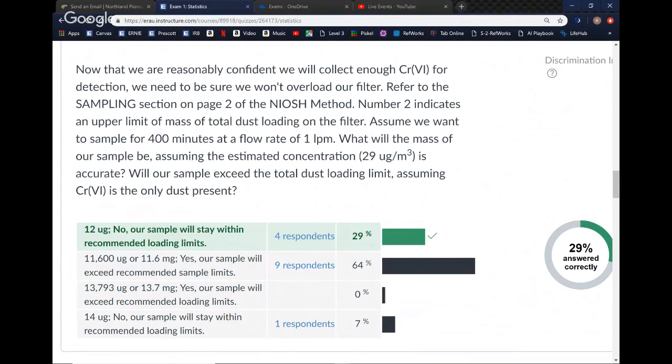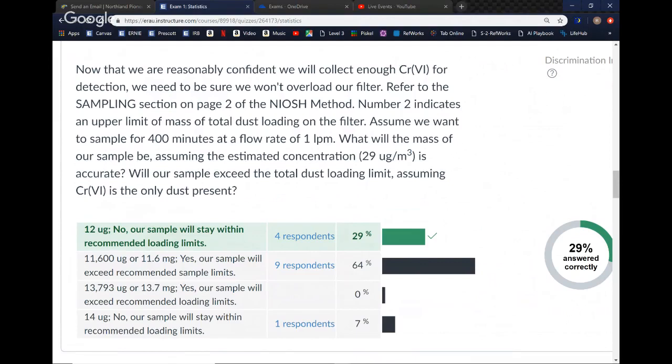I'm looking here, my minutes are going to cancel out. I'm looking for a mass, so I just want this. I see I have these two volumes, but they need to cancel out, and they can't the way they are. So to do that, I'm going to say 1 cubic meter is 1,000 liters.